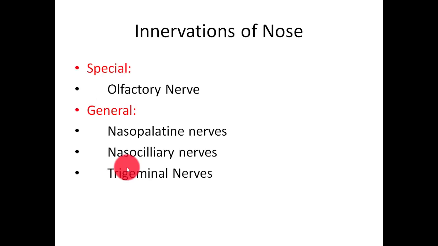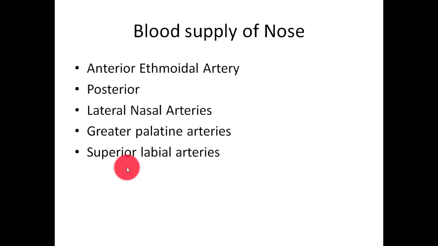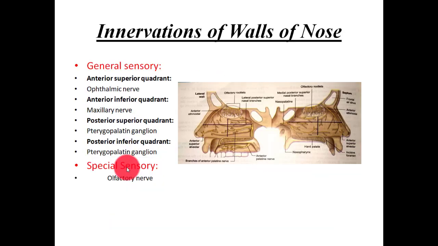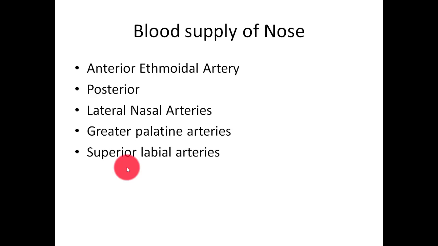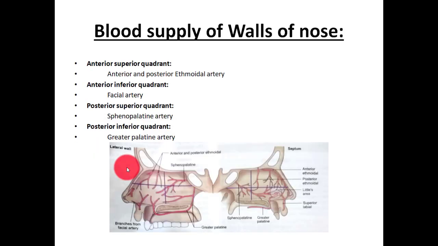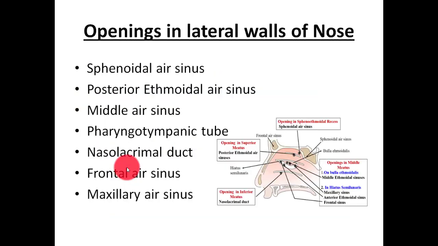The nose is supplied by special innervation and general innervation. Special innervation is by the olfactory nerve, and general innervation is mostly by the nasopalatine nerve, nasociliary nerve, and trigeminal nerve. All the branches of the nerves that we discussed here come from these major three nerves. So this was about the innervation of the nose and the discussion on the lateral walls of the nose.